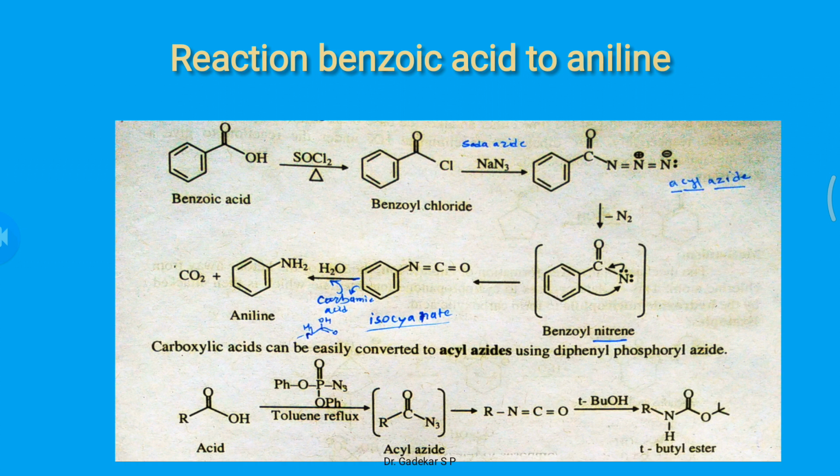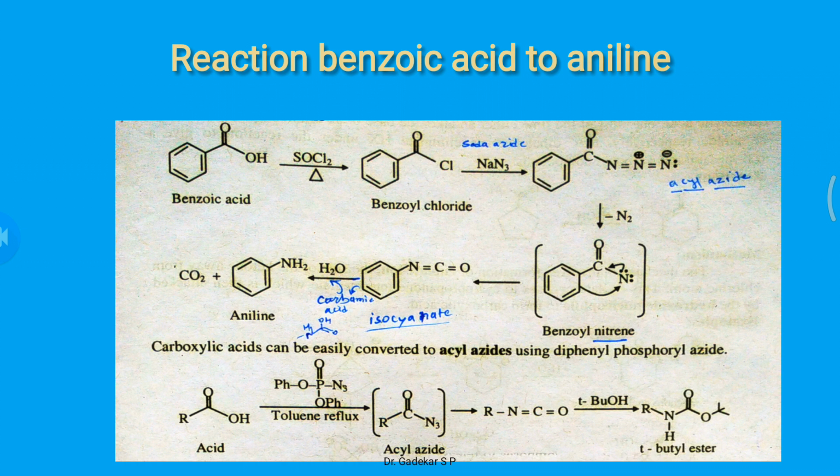So a carboxylic acid can be easily converted to acyl azide in the presence of diphenyl phosphoryl azide. Okay, what is the structure of diphenyl phosphoryl azide? Okay, it has phosphorus and an azide group.